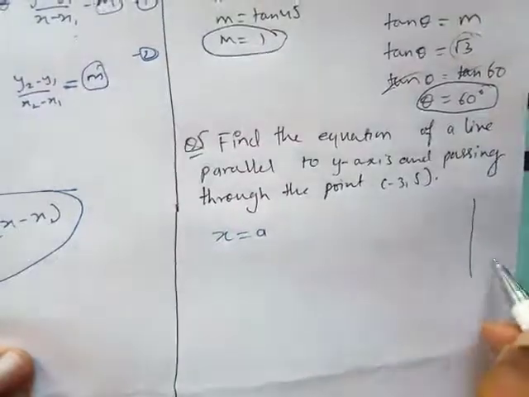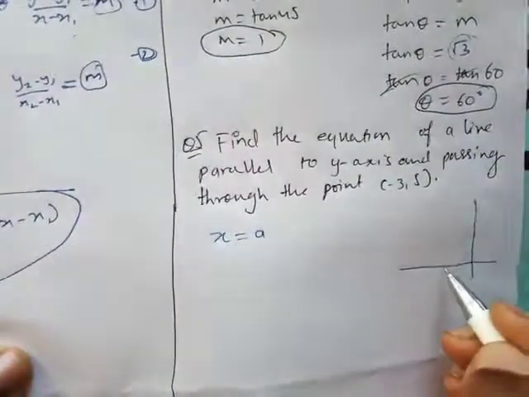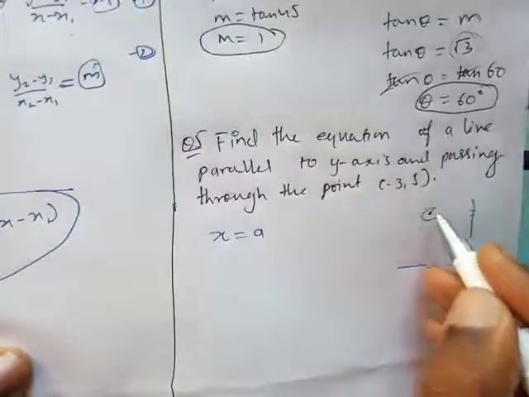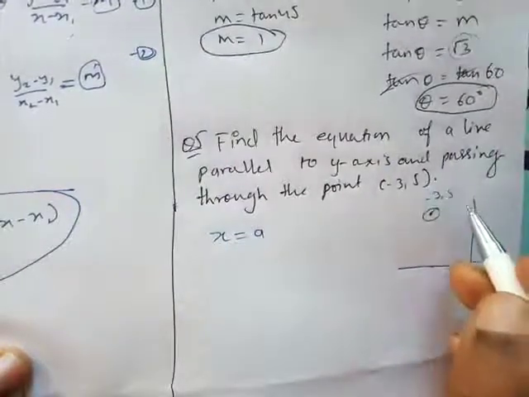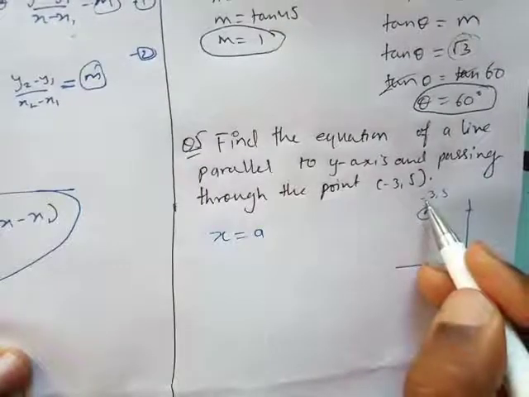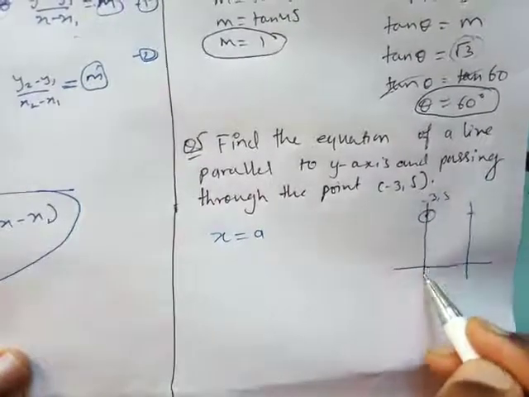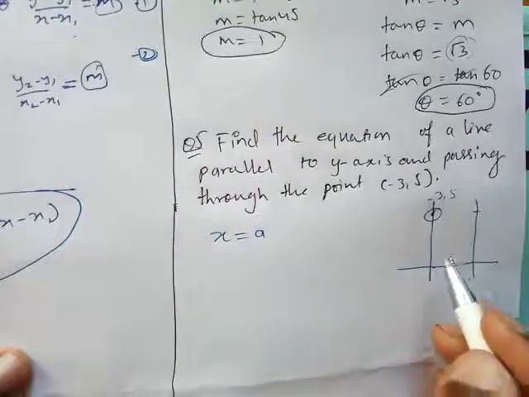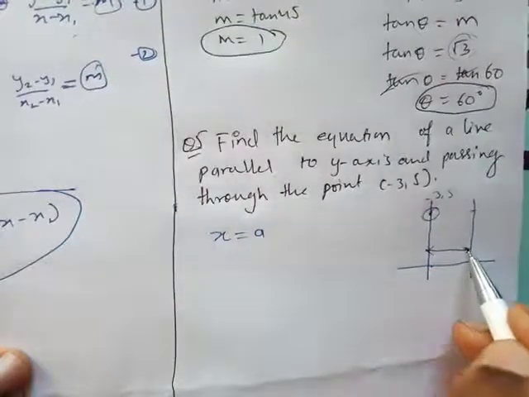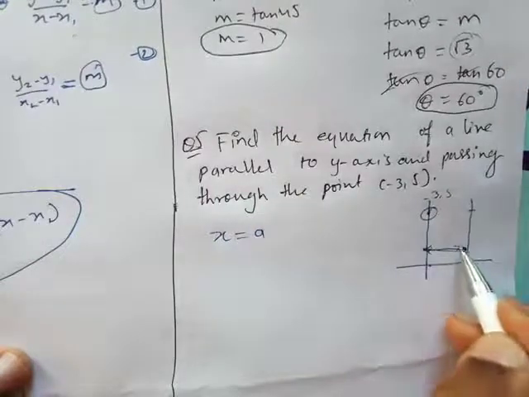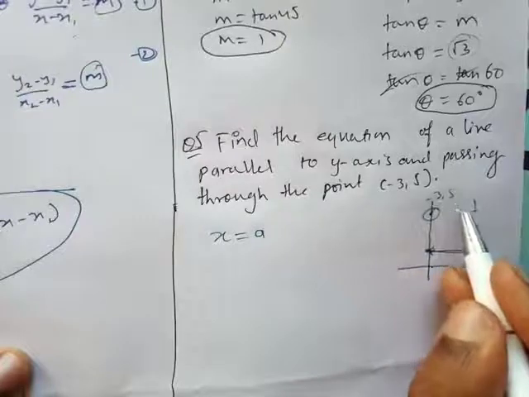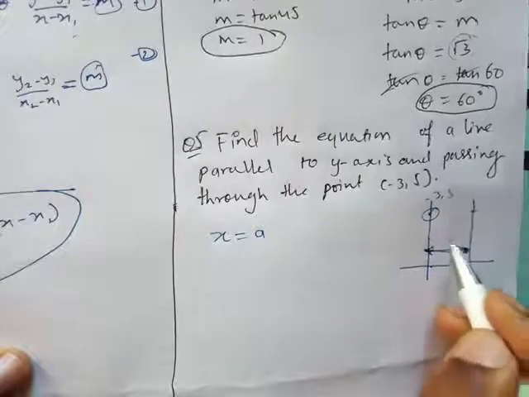Let's say this is the graph, and this is 3 and this is 5. So the point is over here, -3, 5, and it is parallel to y-axis like this. So the line is passing through -3, 5. So the distance between y-axis and the line that is passing through -3, 5 is called a.